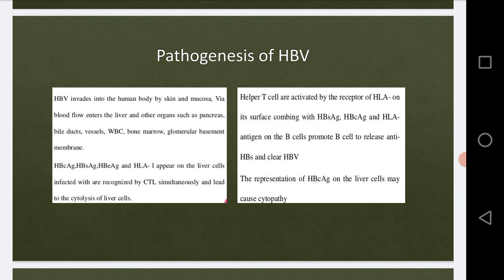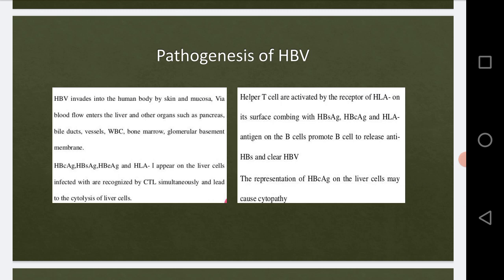Then the pathogenesis of the HBV, that is the hepatitis B virus, will include this: HBV first enters into the person's body. To infect, the virus needs to enter into the person.